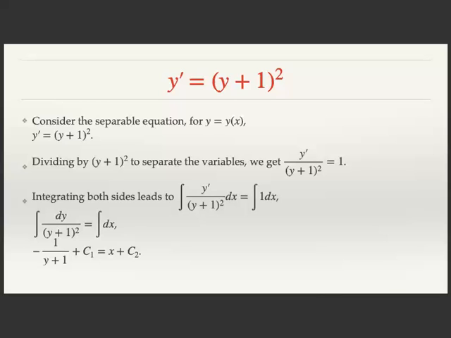Yeah, it is autonomous. It's nonlinear because of the square, because it's (y plus 1) squared. So (y plus 1) squared is a quadratic function. It's definitely nonlinear. Yeah, you're multiplying y and y.